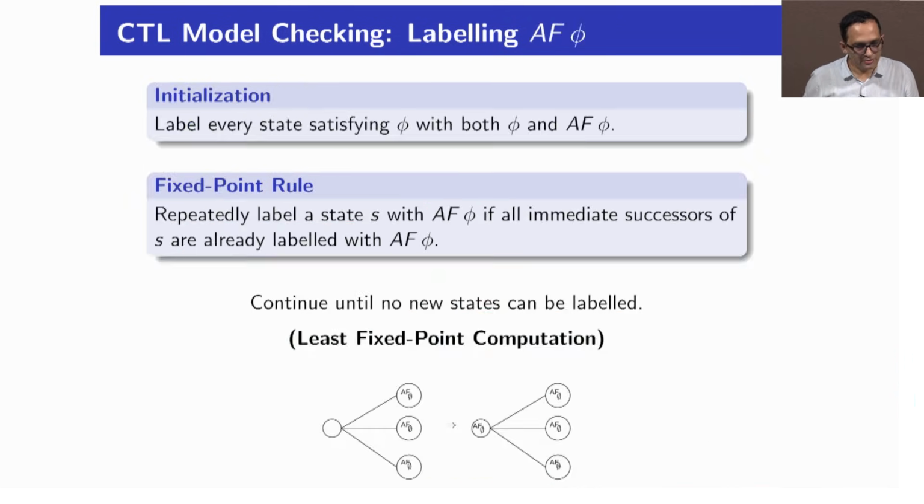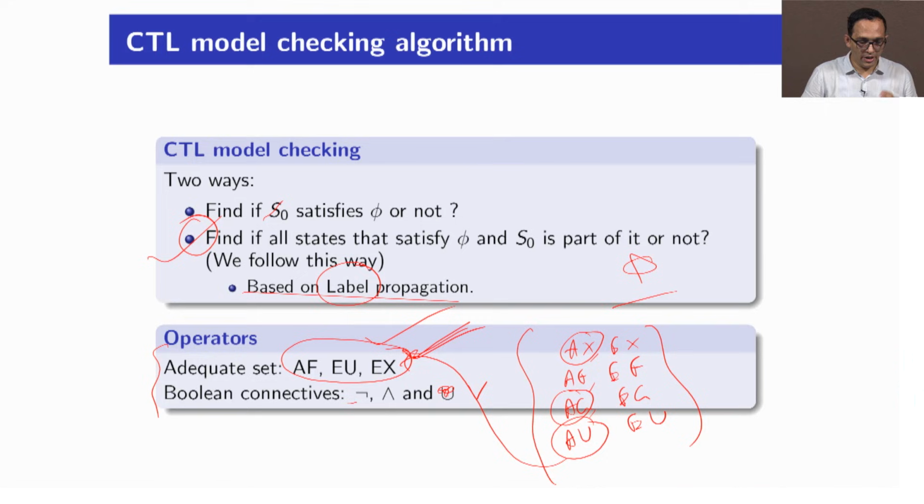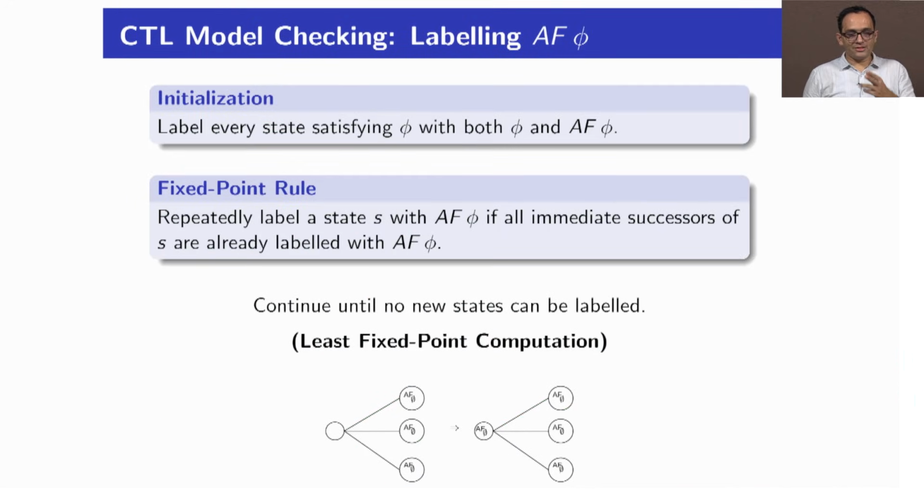So, this is understood. Now, the three operators I talked about, AF, EU and EX, I will see how we can label for these three, right. Then I know how to label the entire formulas, right. So, let us start with AF. AF means what?